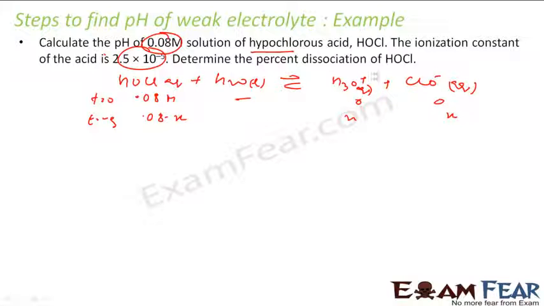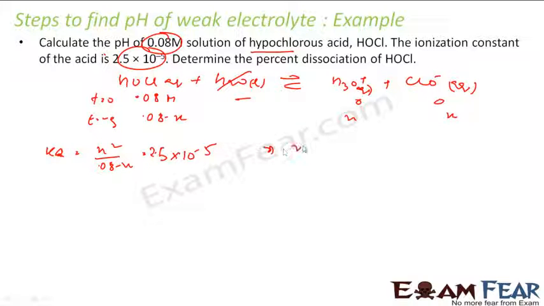So to find H3O plus, I can find Ka. Ka is what? x square by 0.08 minus x. That is concentration of H3O plus into concentration of ClO minus by concentration of HOCl, because H2O is ignored. And this is given, 2.5 into 10 to the power minus something. Correct.